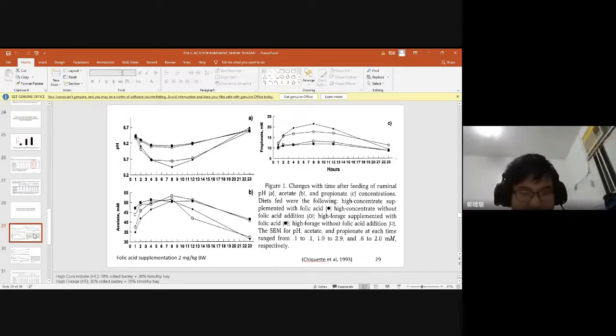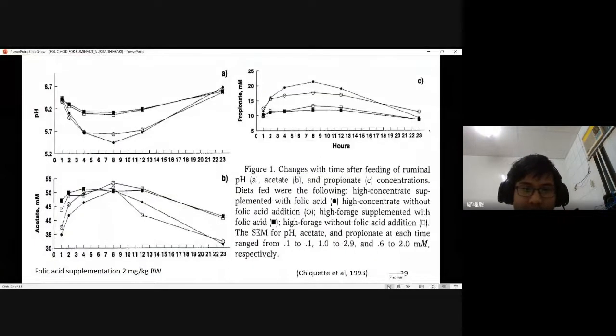Thanks for your presentation. I was wondering, if I give the ruminant animal folate, it will let the rumen microorganisms grow, right? Yes. And if I add the folate, will it make the rumen microorganisms unbalanced? Because I see in the table the folate helped fungi, bacteria, and so on.